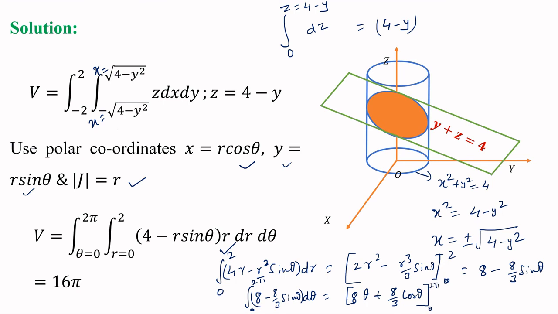So no issue with the 0 to 2 pi, it is going to be 0. So only 8 into 2 pi that we get. So your answer, 16 pi, is the right answer. So in this way you can match your answer. I hope this solution will be helpful for your future purpose also.